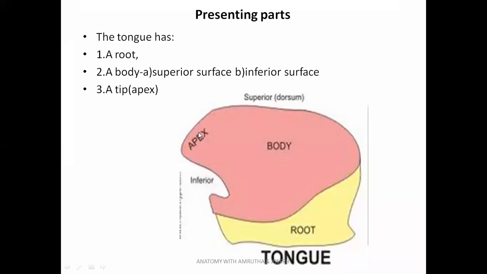And the tip, also called the apex. The root is attached to the bones of the mouth, the body forms the bulky part of the tongue, and the tip has superior and inferior surfaces.